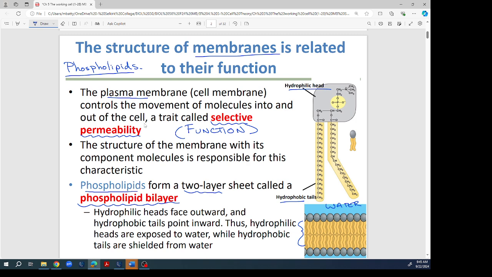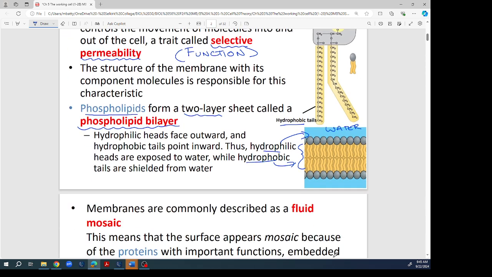So these tails would be hydrophobic. And then on the outside again, we have the aqueous environment of the cytoplasm of the cell. So this diagram over here, I didn't have enough room to label it, but this idea, the hydrophilic heads are exposed to the water and the hydrophobic tails are shielded from the water. You could write that out, or you could label a diagram quite clearly with that.